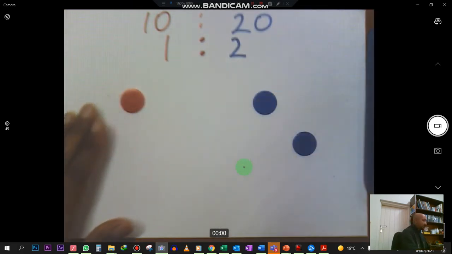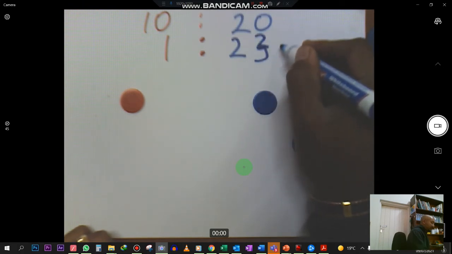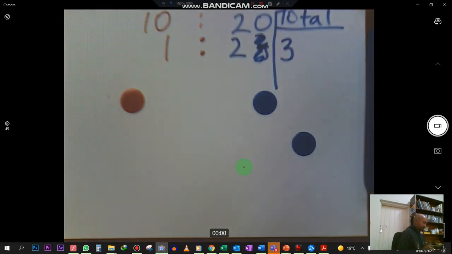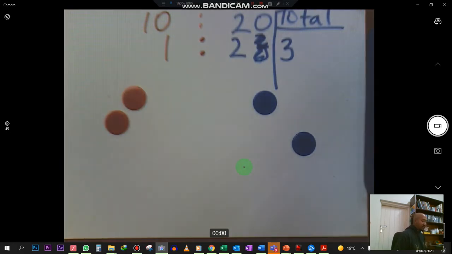So what that would mean is that my total share here is 3. I'll just make a little column here. Total share. Total share is 3. If I had to add another red counter for my 1, how many blue counters would I need to add to keep the proportion the same?